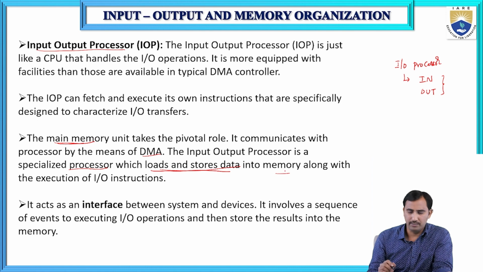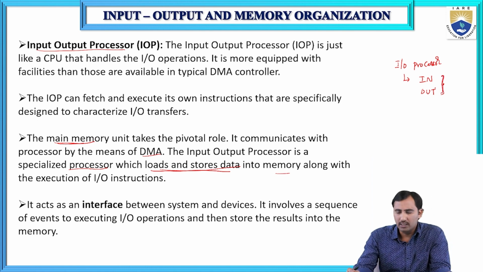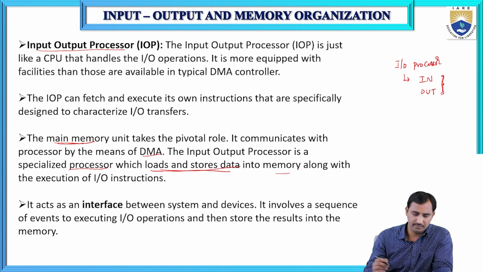Using these in and out instructions, we can either read the data from the input device or send the data to the output device. This IO processor acts as an interface between the system and the several IO devices. It involves a sequence of events to execute IO operations and then store the results into the memory.